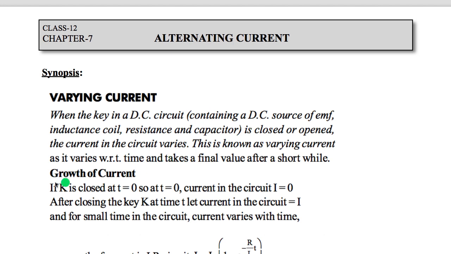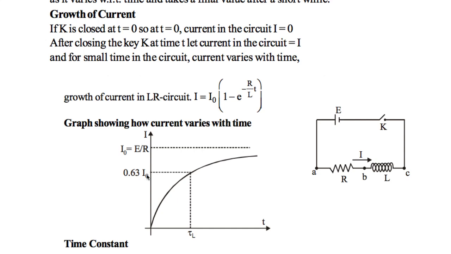First we have to know the growth of current, how the current is going to increase. This is a very important formula, the growth current formula, and we have to remember it. The circuit consists of a resistor, an inductor, a key and an EMF source.